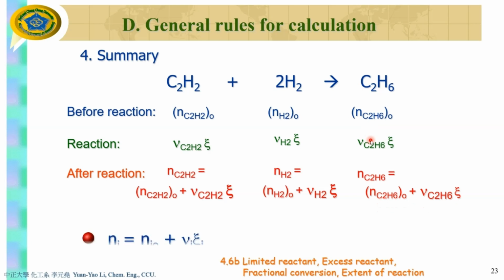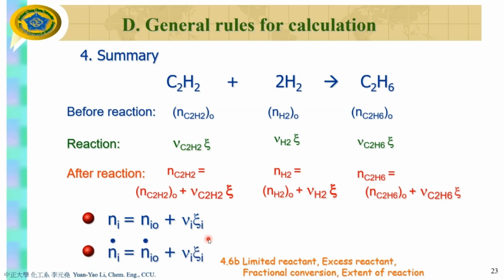All we know is output equals input plus nu times xi. Output equals input plus nu times xi. Of course, if this is a continuous process, you have the overdot in the symbol, right? Overdot in the symbol.